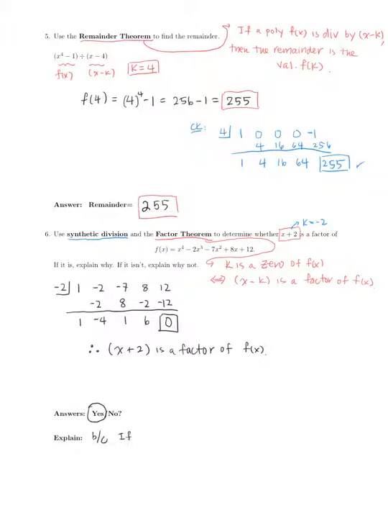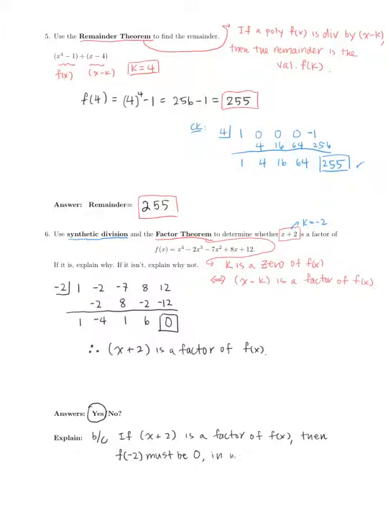Because if x plus 2 is a factor of f of x, then f evaluated at negative 2 must be 0, which is the same thing as saying that negative 2 has to be a 0 of f of x. Okay, so I'm just going to write it down. So if x plus 2 is a factor of f of x, then f evaluated at negative 2 must be 0.